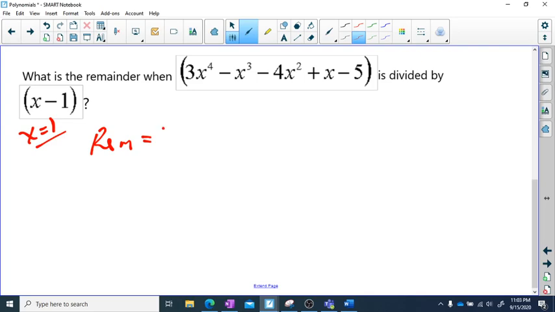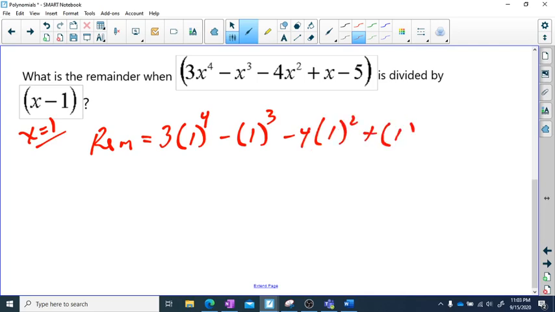Well, that's a nice easy substitution. So it's 3, 1 to the 4th, 1 to the 3rd, 1 squared, plus 1, subtract 5. So this would become 3, take away 1, take away 4, plus 1 minus 5. 3 take away 1 is 2, take away 4 is negative 2, add 1 is negative 1, take away 5 is negative 6.